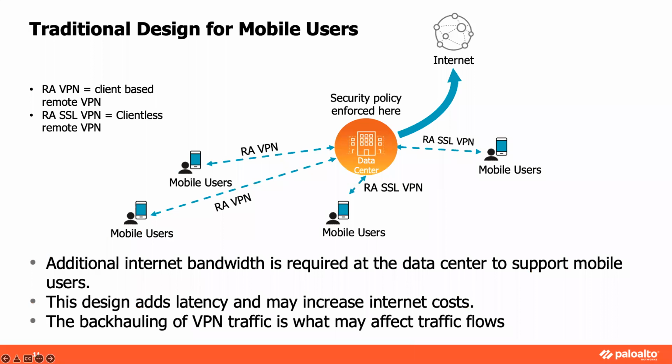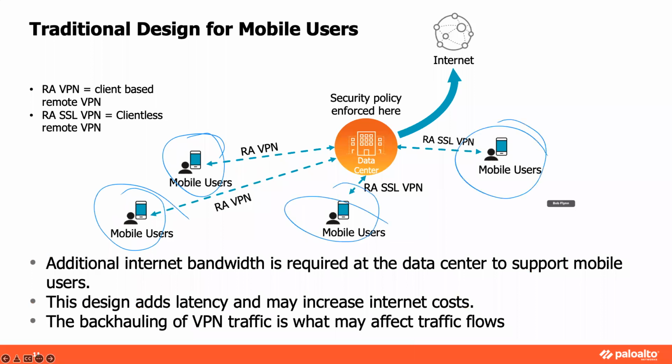Over the last 2 years, while we've been in the middle of this pandemic, the COVID and all of this, now you got users all over the place that are having to work remotely, sitting in their homes, trying to get work done, and they have to dial in and go to the main data center through a remote access VPN, whatever flavor it might be, whatever vendor it might be.